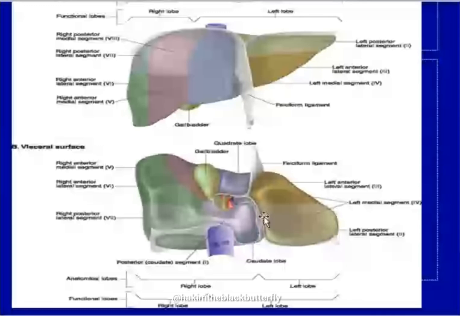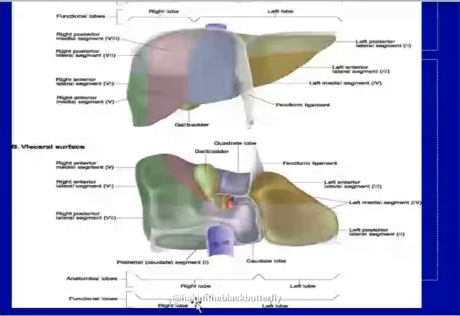So the whole of this is the left functional lobe. And then the rest of the liver on the right of the gallbladder is what we call the right functional lobe. Now you can even see these arrows. The whole of this is the left functional lobe up to this point, and the remainder is the right functional lobe.